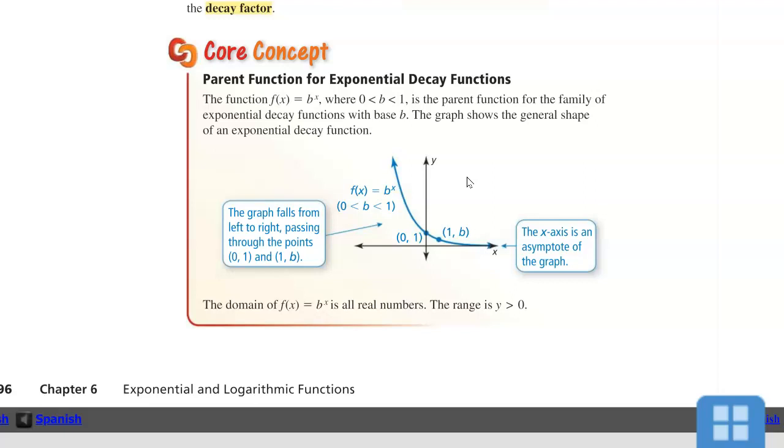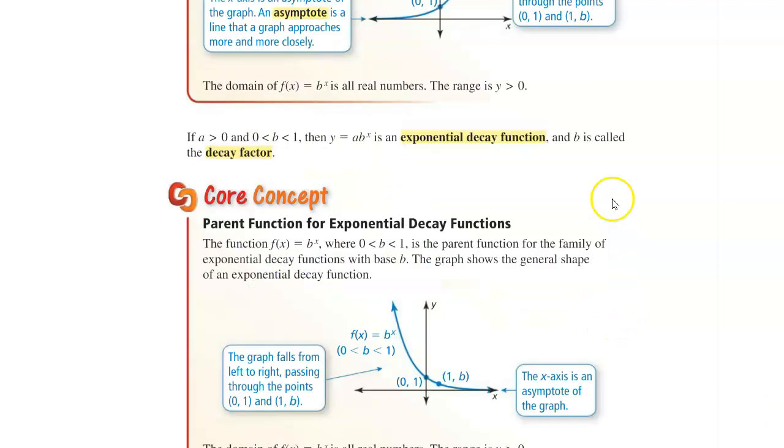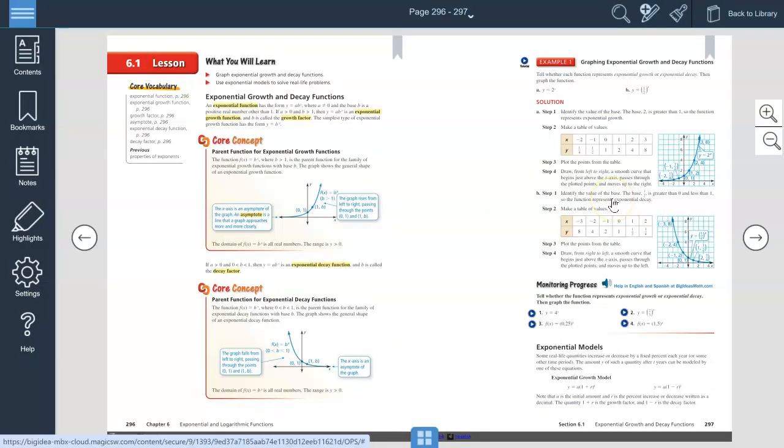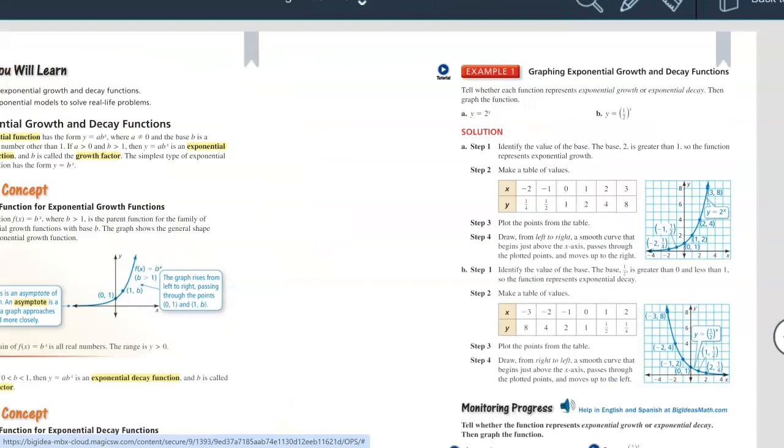That's the parent function. But we'll talk about later translations, what happens when the graph is translated up or down, etc. Okay, so I'm already 9 minutes into this video, so I don't have a lot of time. I've got 15 minutes maximum for this video, so that YouTube accepts it, I think, or at least this program does. So I've got 4 examples that I really want you guys to focus on as you go through it here.